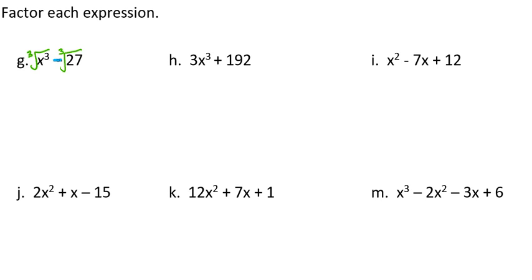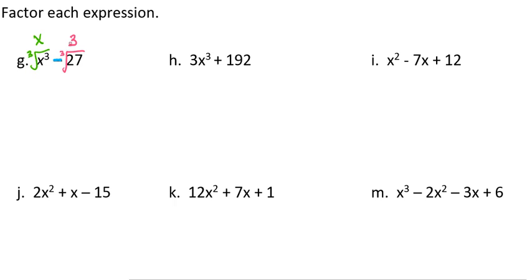So we're going to go ahead and take the cube root of our first piece, which is going to give us an x, and then we're going to take the cube root of our second piece, and that's going to give us a 3. And now we can write that as our factor.